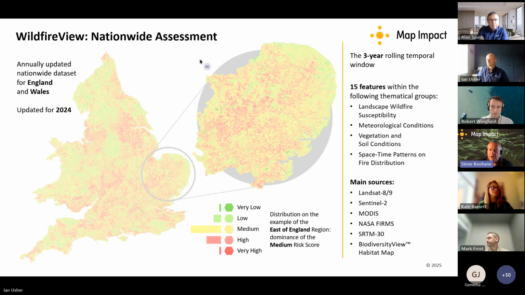So part of our data looks at where wildfires occur, where they might occur, because there are car parks, lay-bys, walks, mountain biking, camping, that sort of thing. Main sources are satellite-based imagery and indices from that, again underscored by our biodiversity view. It's our understanding of land cover and the condition that it's in or not in, which is a major contribution to wildfire risk.